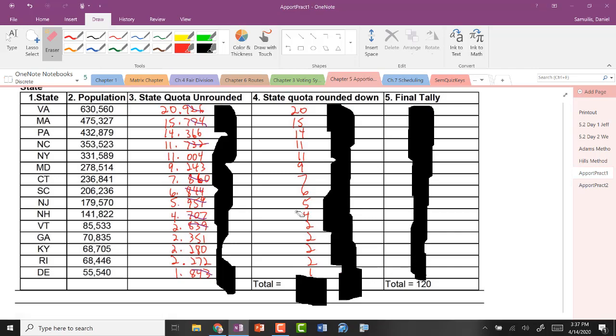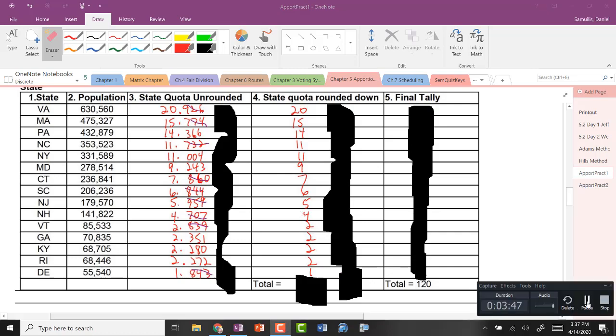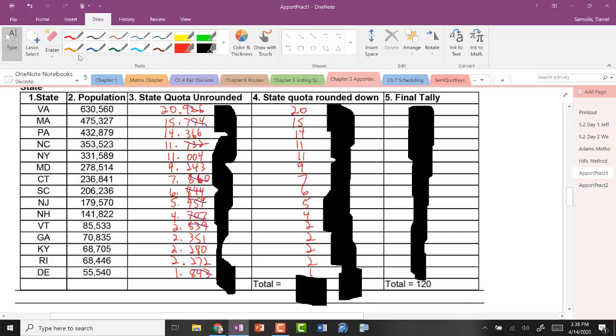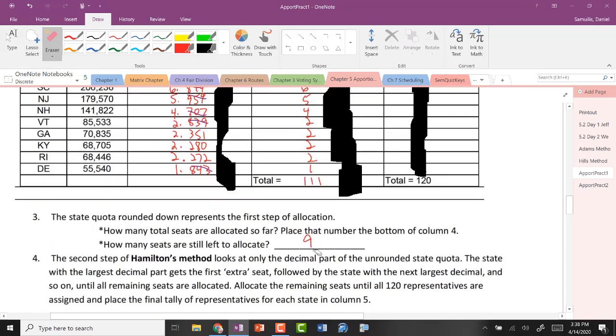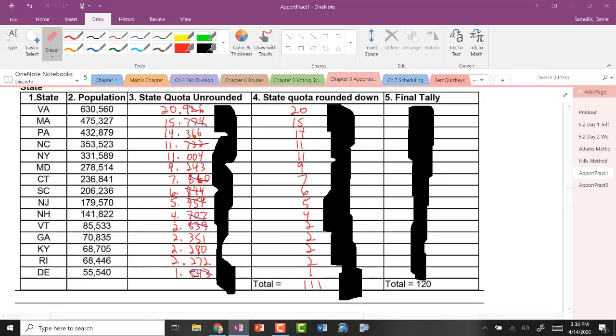So this is what we should have got for the state quota rounded down, which leaves a state quota of only 111, which means we have to assign 9 more seats. So that's something we should have read down here and understood about. When we lop that fractional part down, then this is what occurs.